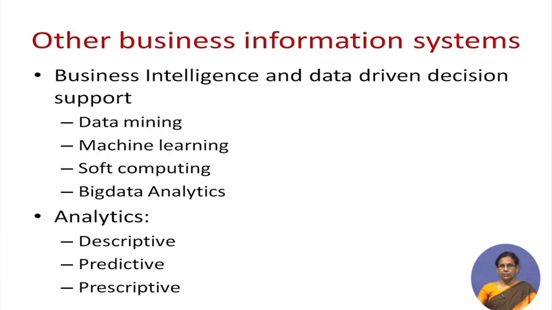This analytics can be your descriptive analytics, which describes the data and helps in visualization. There can be predictive analytics like forecasting, prediction, regression, etc., or correlation, having certain kinds of statistical models. Then the last one is your prescriptive kind of analytics, which basically has some kind of analytical model to solve the problem and provide the answer.